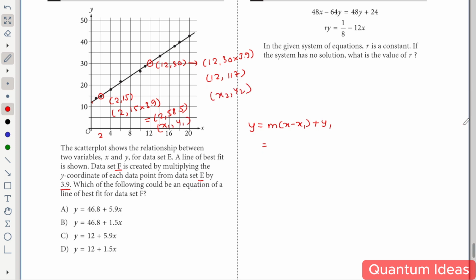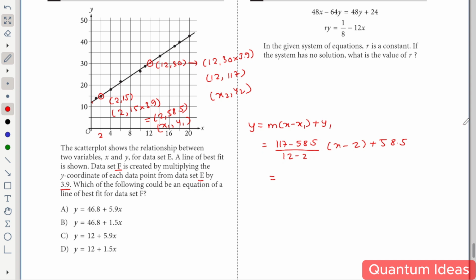So m is 117 minus 58.5, divided by x2 minus x1, which is 12 minus 2, times x minus x1, which is 2, plus y1, which is 58.5.